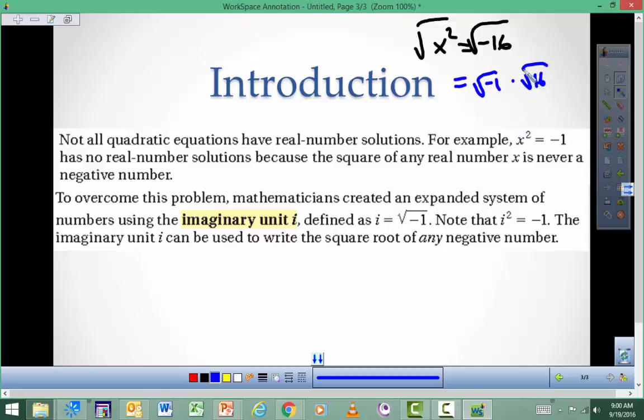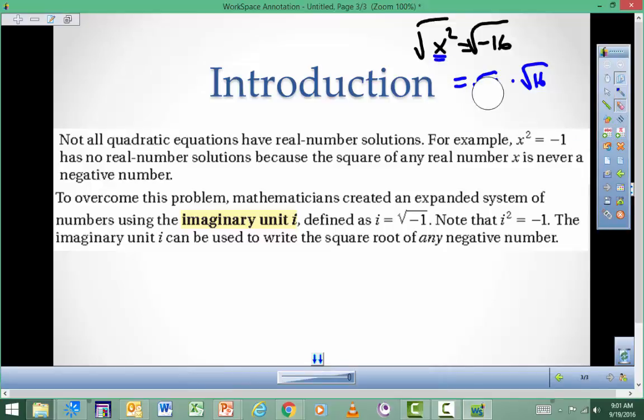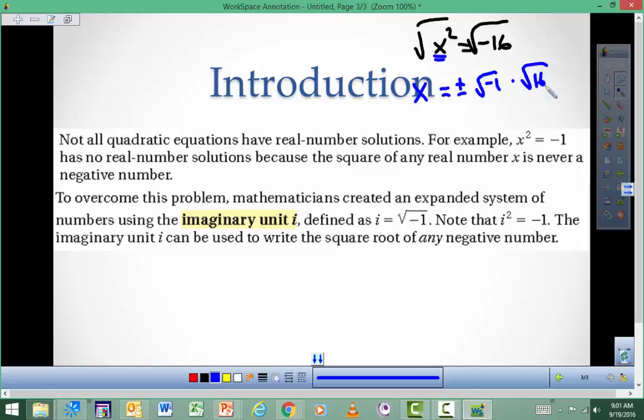Okay? Also, since we're solving for x, we need to have a plus or minus involved. So we should write a plus or minus right here, and then equals x. But the square root of 16, we all know, is 4. So we get plus or minus 4.